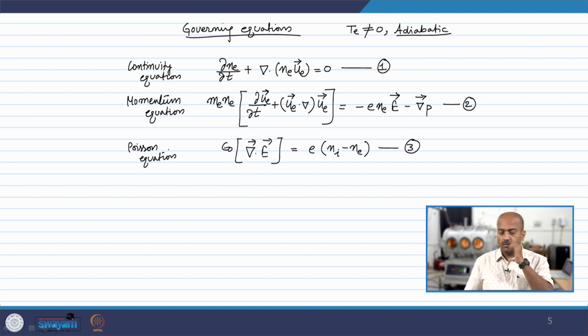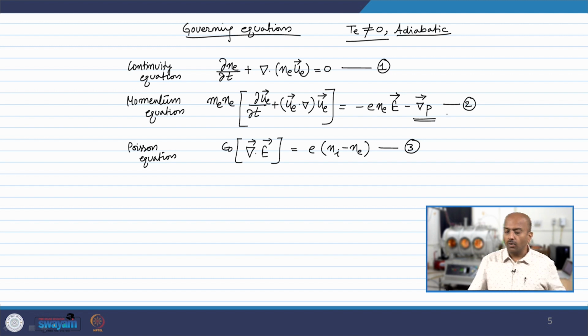Now, we have to solve these three equations and try to see if the omega is still independent of k or not. Right. Now, the first question that we should ask ourselves is that the change is only the electron temperature not equal to 0. So, is there any provision that the temperature is directly written or available in these variables which are there in the three equations? No, right.